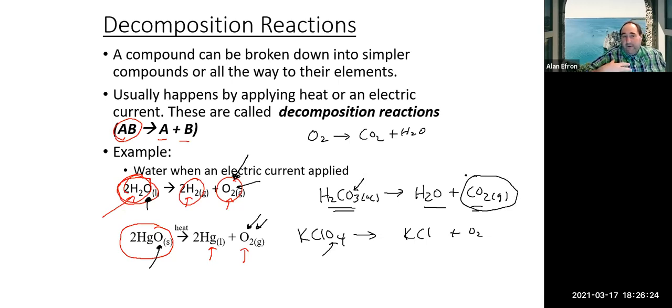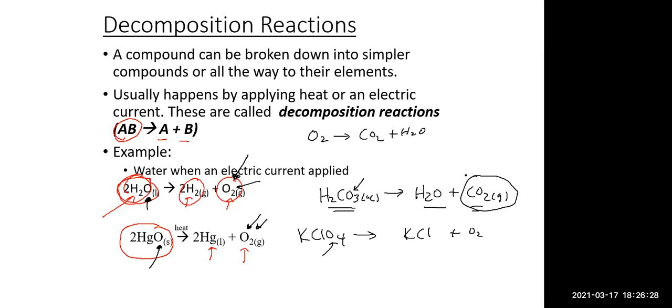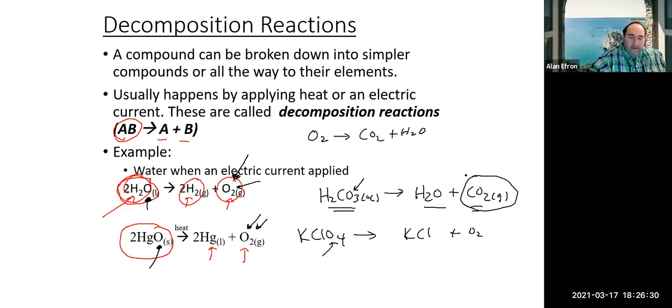And for the lecture part, you won't have to worry too much about that aspect of it. But a lot of times if there's an oxygen involved, it will end up as O2 on the product side. Okay.